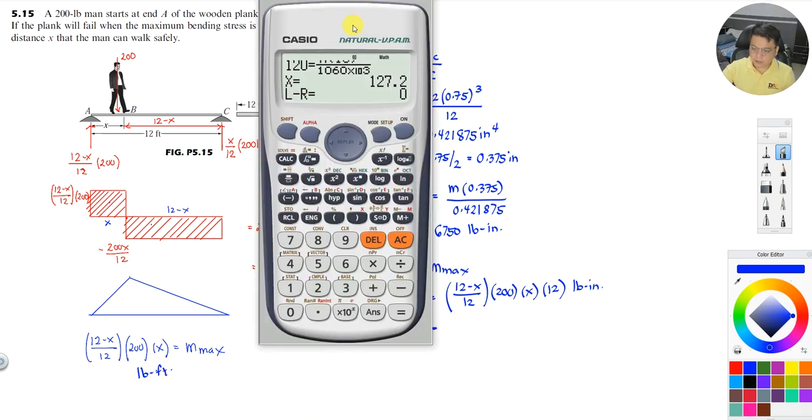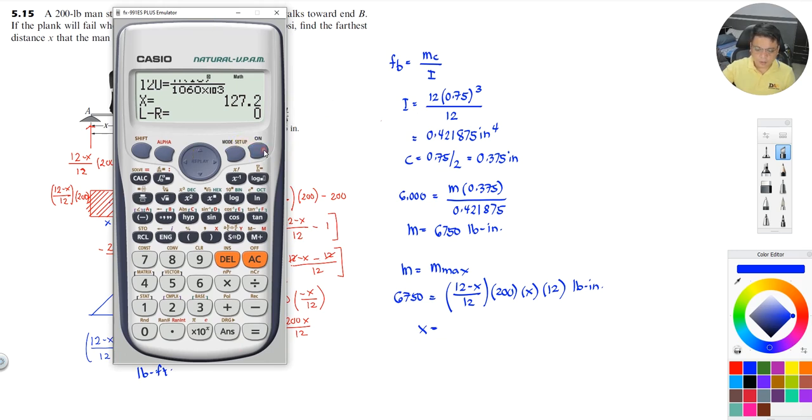So, calculator. 6,750 equal to, okay, quantity, 12 minus x all over 12 multiplied by 200 times x times 12.